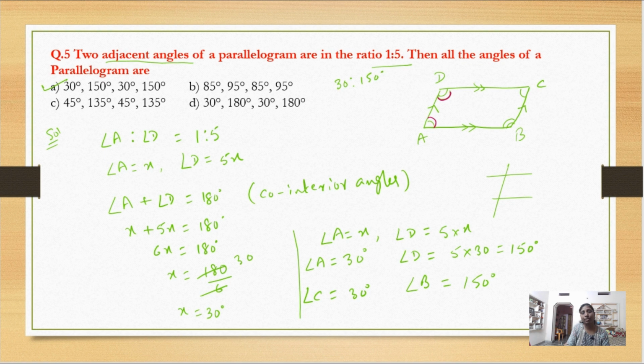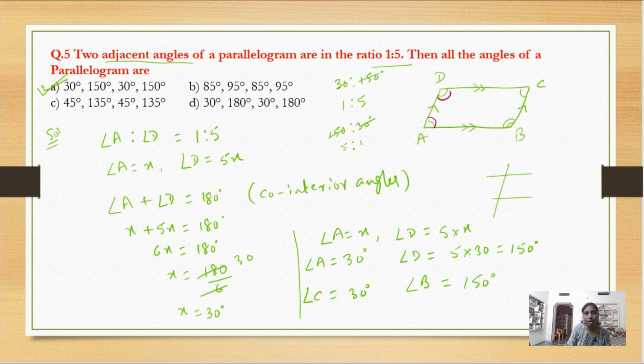If you cancel it, you will get 1 is to 5. Similarly, 150 to 30 gives 5 is to 1. It means adjacent angles are in the ratio 1 is to 5, so option A is correct, and we can identify it without doing all this.